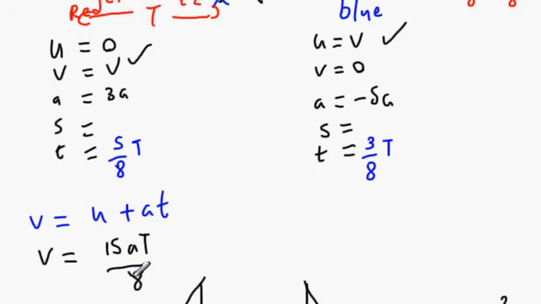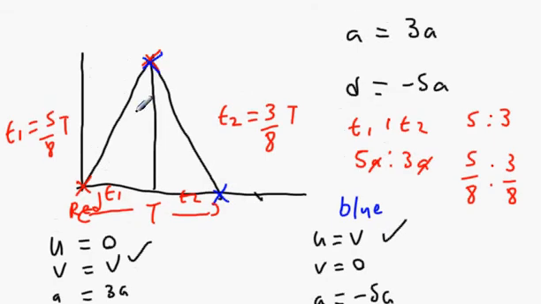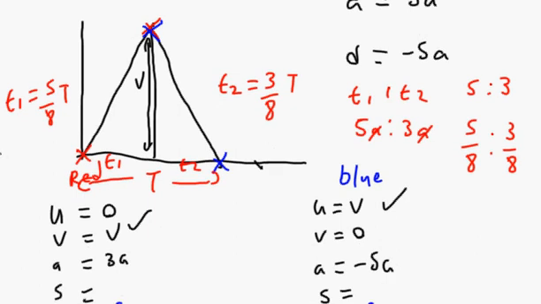Okay? And if we were to use this other set of information, we'd actually get the same answer, wouldn't we? v has a common value, does it not? You reach your maximum velocity, v, and that's it. So it doesn't matter which information set we use, we're still going to get 15at over 8.